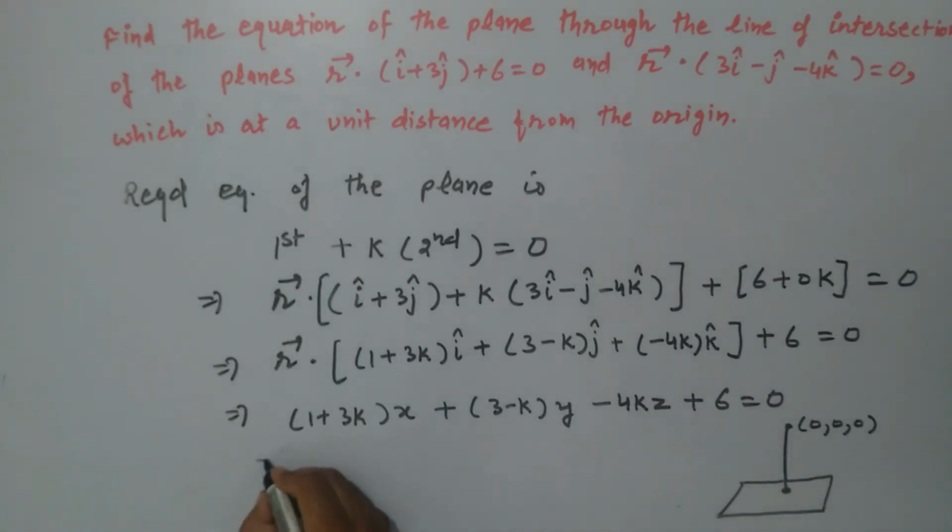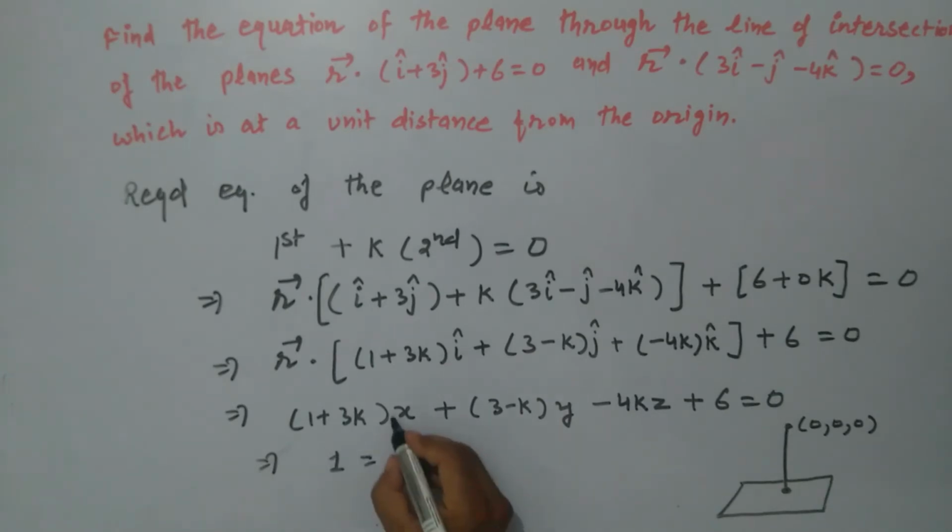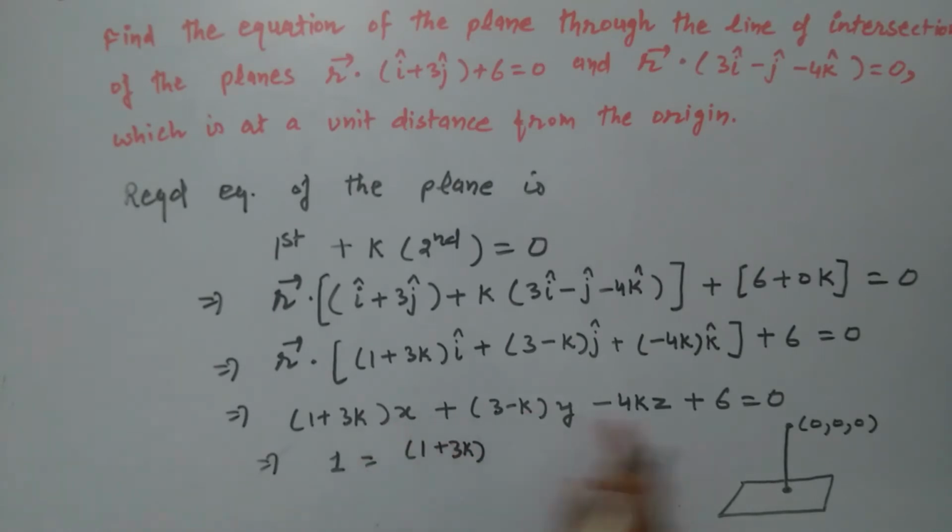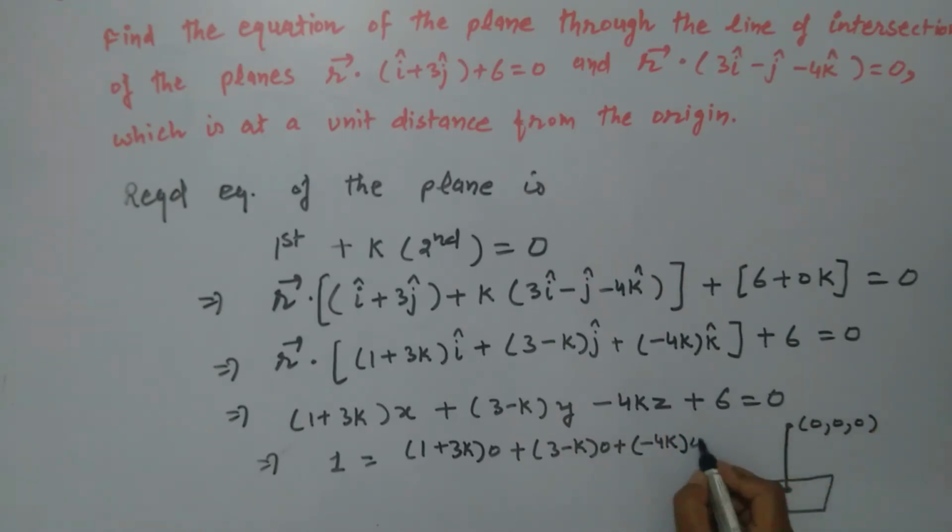So we can say distance is 1 unit, equal to 1 plus 3k, in place of x we write 0, plus 3 minus k, in place of y we write 0, plus minus 4k, in place of z we write 0.